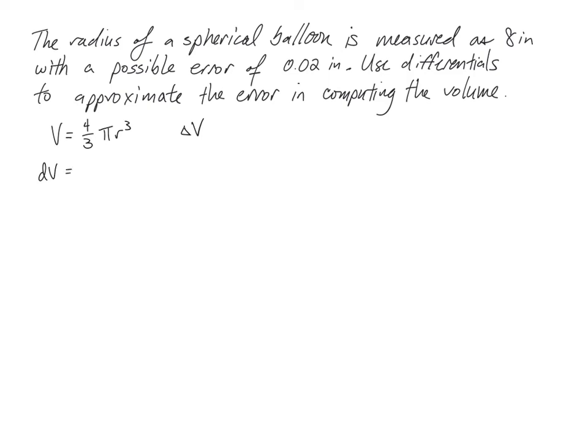by taking the derivative of the right side of the equation, 4/3 pi times 3r squared.